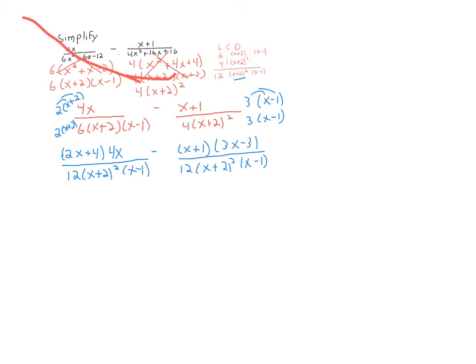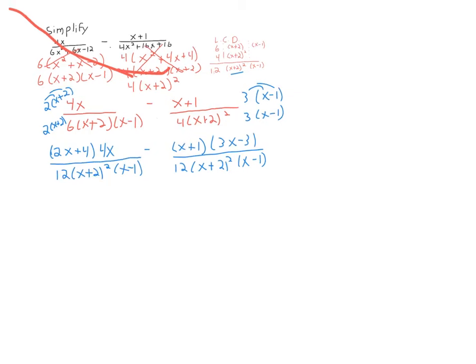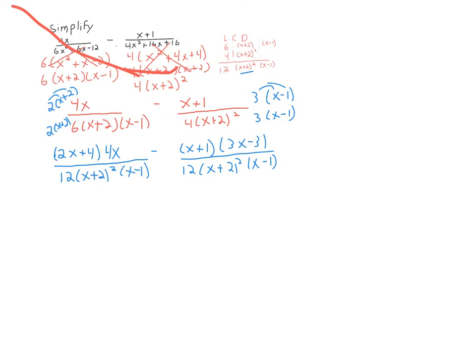Simplifying the numerator first, I'm going to distribute. So 2 times 4x would be 8x squared plus 16x. The other numerator, remember this is subtraction, so I'm going to put it in parentheses so I don't forget to distribute through the negative.